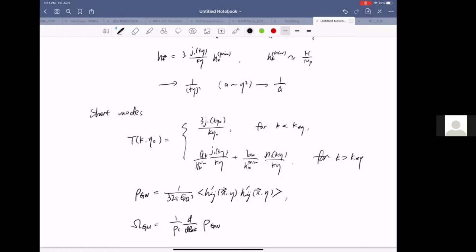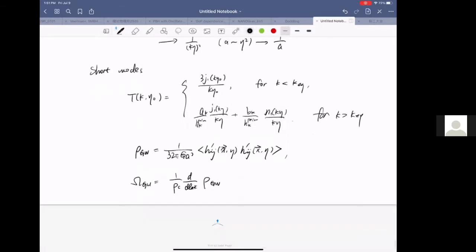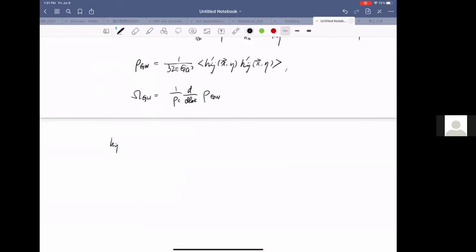Here the key point is that we have to expand, as I have shown before, h_ij of x and eta as something like this, and you substitute the solution to here. This is just the T_k of eta times the h_k primordial.